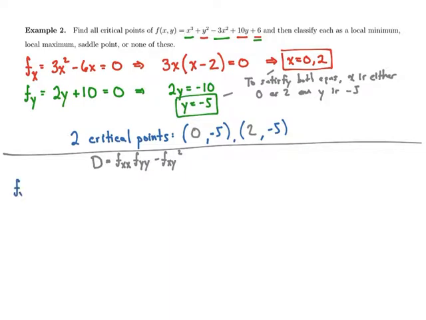So let's do that. fxx is the derivative of 3x squared minus 6x with respect to x. That's going to give us 6x minus 6.